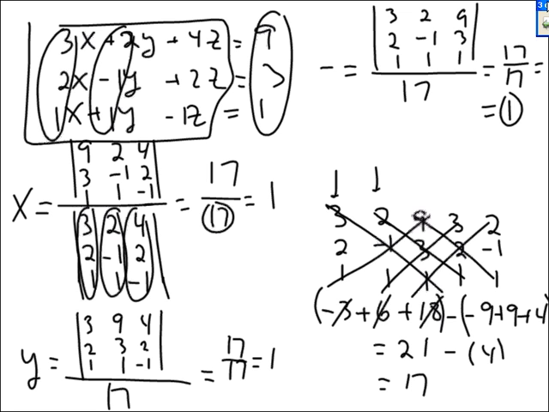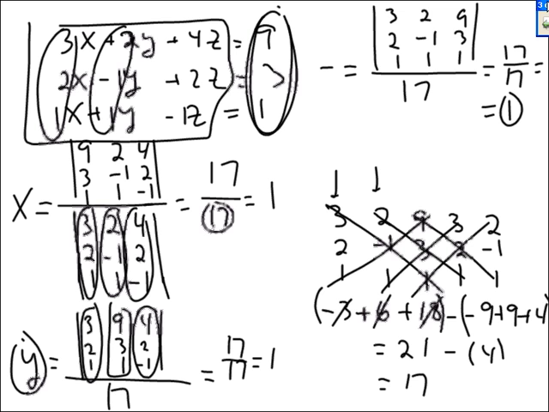Now, for the top determinant, if you want to solve for y, you keep the coefficient of x the same as the coefficient matrix, the coefficient of the z the same as the coefficient matrix, but for y, you put the right-hand numbers. For z, you put the right-hand numbers. For x, you put the right-hand numbers. The other two columns are the same as the bottom.